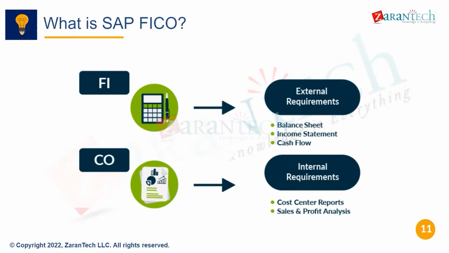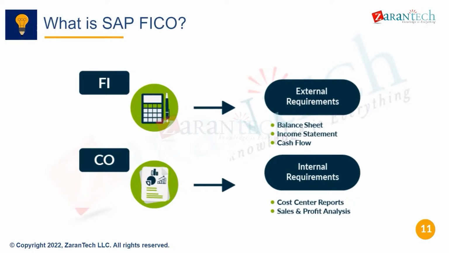The financial statements contain the balance sheet, profit and loss statement, and cash flow statement. So we record all the transactions in the FI module that come from external parties, like when we purchase from external vendors, or when we sell goods to external customers. So any activity that involves money or any other valuations, we must record all those transactions in the system.